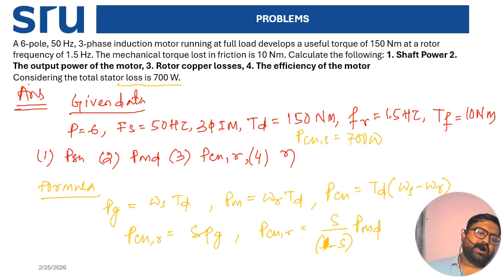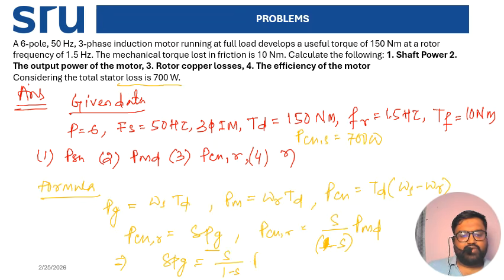Another relation between the input and the mechanical power: S into Pg equals S by 1 minus S into Pmd.